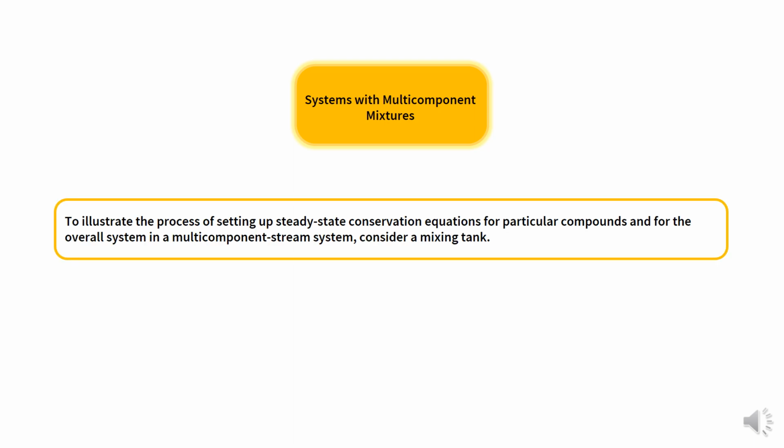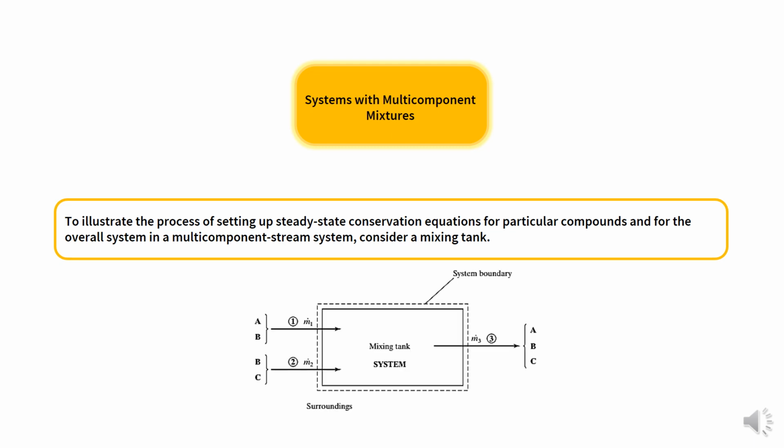To illustrate the process of setting up steady-state conservation equations for particular compounds and for the overall system in a multi-component stream system, consider a mixing tank. In this figure, stream 1 contains compounds A and B and has a total mass flow of m dot 1, and the mass fractions are W1A and W1B.